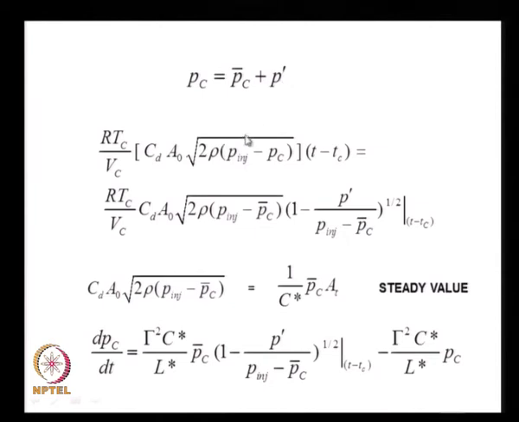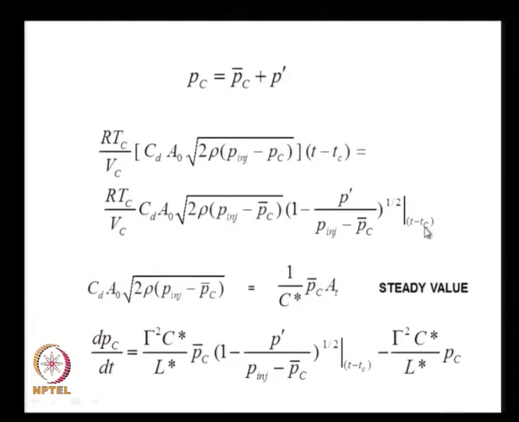We had the term in which propellant mass is there, we had RTc by Vc Cd A0, we had P injected minus Pc, therefore this P injected minus Pc at T minus Tc we could write as P injected minus Pc bar minus P bar, and that is what this expression tells you, RTc by Vc Cd A0 into root 2 rho into P injected minus Pc bar minus P bar over here at time T minus Tc.